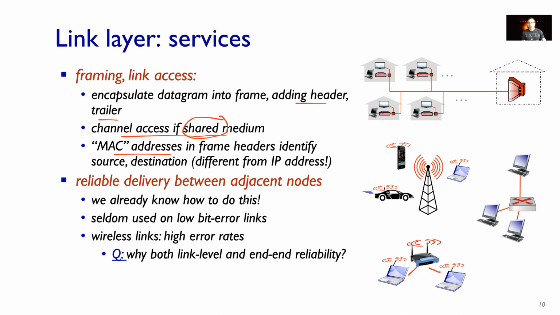Now coming to reliability, right? So reliability is a potential service a link layer could provide. Now the mechanics of that we've already looked at, right? If you recall, we spent quite some time on the whole concept of reliable data delivery. When we looked at the transport layer, you might recall discussions on using sequence numbers, ACKs, timers.